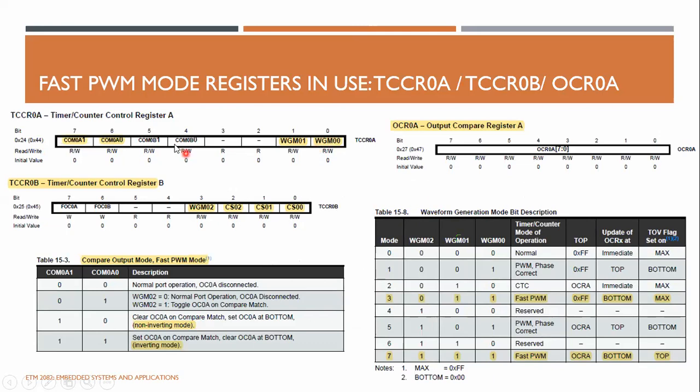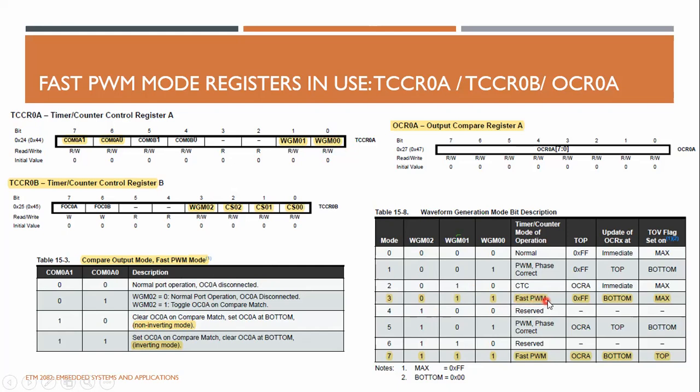These are the registers that you have to work with in the fast PWM mode. If you want to use the non-inverting mode, COM0A1 and COM0A0 of TCCR0A should be set to 1 and 0. This should be 1 and this should be 0. And the waveform generation bits of the 0A and 0B registers for fast PWM are: this one is 1, this one is 1 and this one is 0.